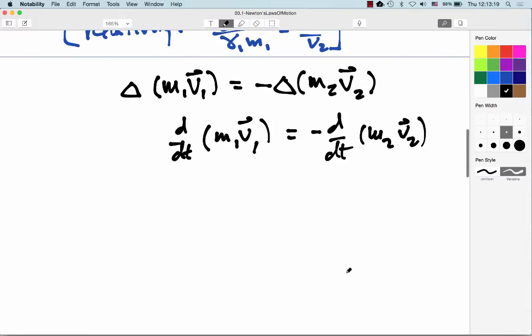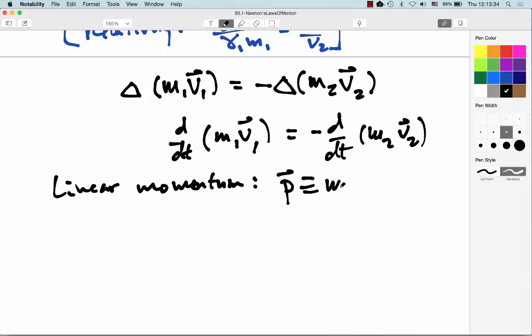Alright, but these mv's here, that's the linear momentum. The linear momentum p is defined to be the product of m times v. And this is again a non-relativistic definition. If we're going to do this relativistically, we have to stick a gamma in front of the m, but in this class we're never going to go that fast.